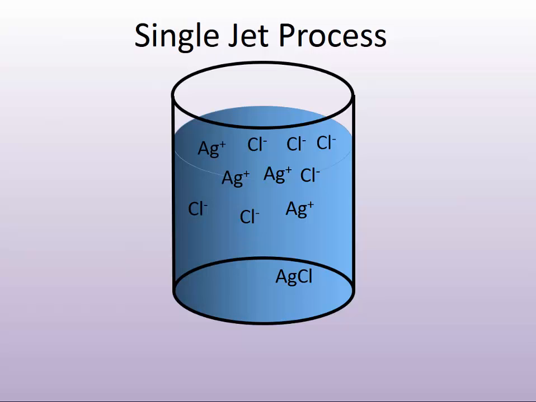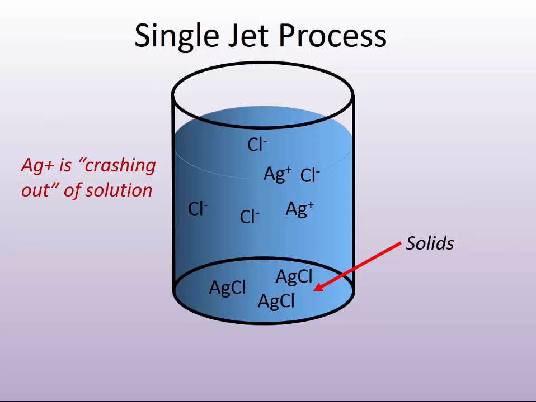For her to readjust this, she has to precipitate or make more solid. In equilibrium, we say we're going to shift this to the left. We're going to shift this to the reactants. We're going to make more solid. And we're going to continue to make more solid, or silver chloride will continue to crash out until the solution's concentration of silver in the water is 1.6 or 1.7 times 10 to the minus 10 molar.